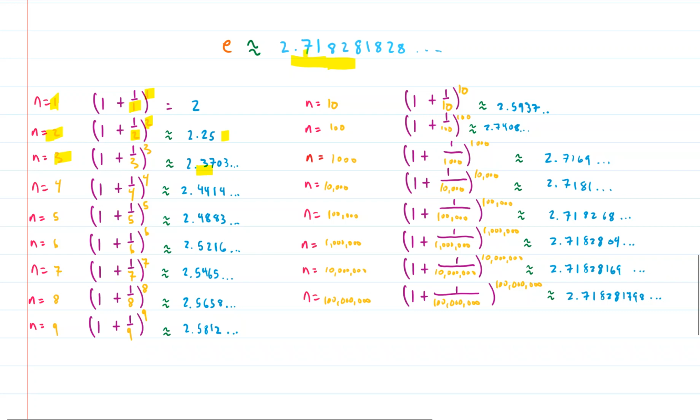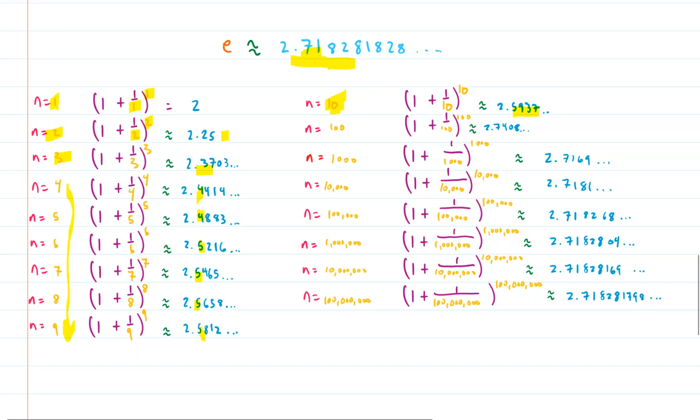We're still not at 2.7. And once we get to 10, what happens when n equals 10? 2.5937. We're getting closer to 2.71, but this isn't getting closer fast enough.